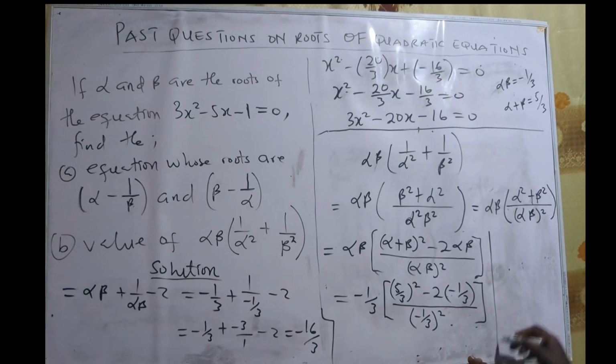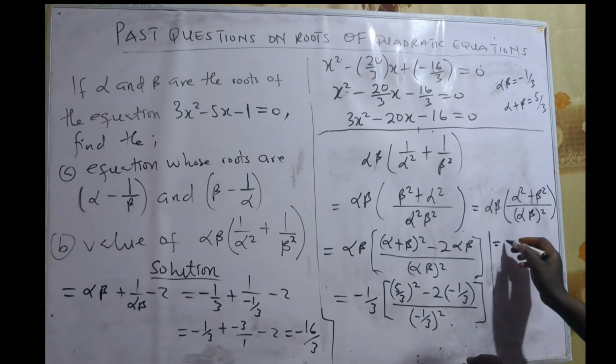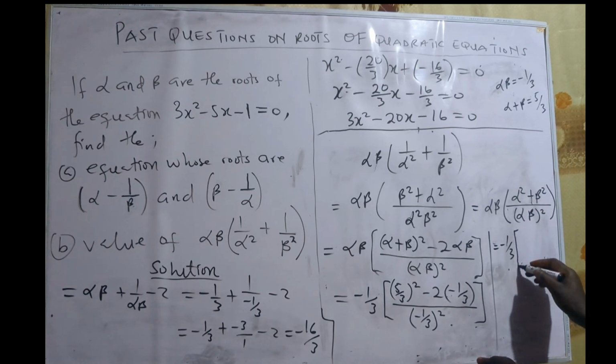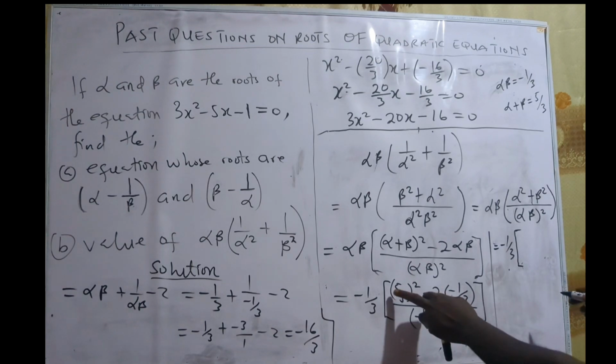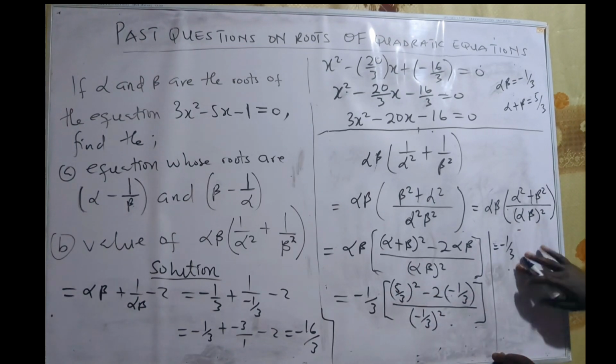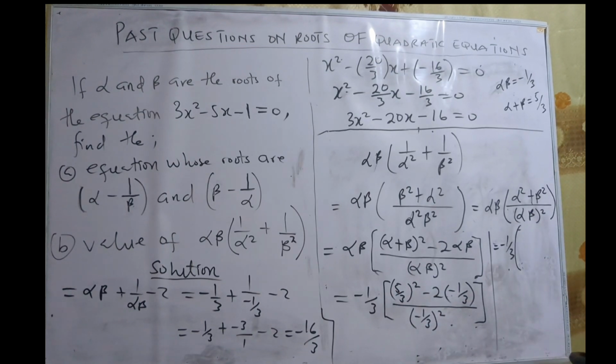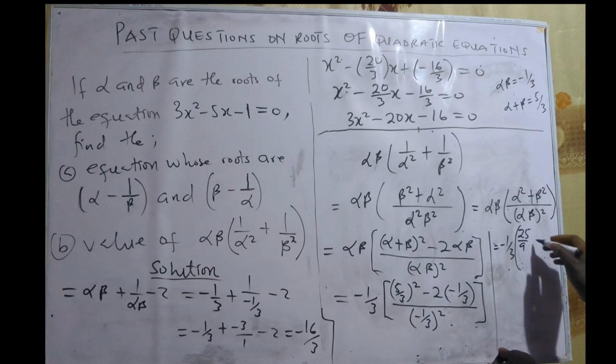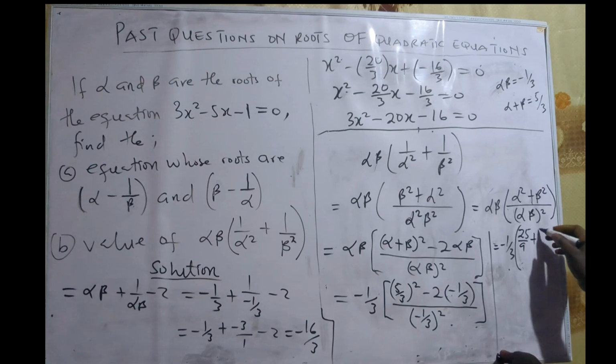Okay, then we can continue and simplify. So we are going to have minus 1 on 3 into brackets: 5 squared is 25, 3 squared is 9.